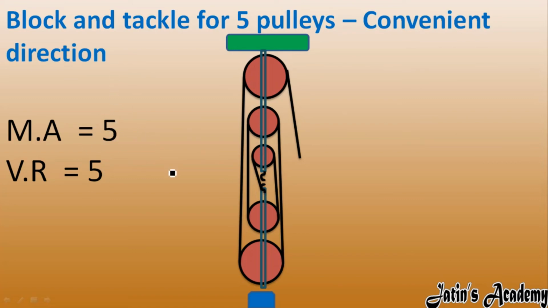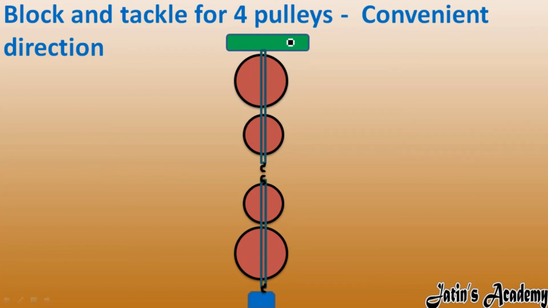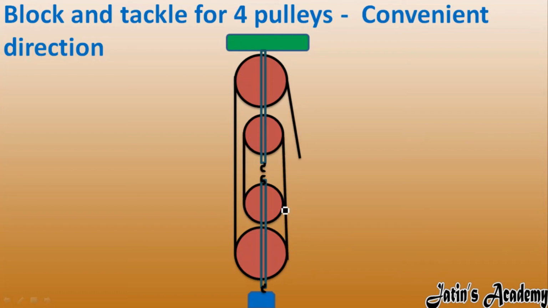Now we have to see the block and tackle system for 4 pulleys. For convenient direction, carefully see the string. Convenient direction means we have to start from here. The string is moving from one pulley to another pulley. Like this you have to draw. Now in case of the convenient direction for 4 pulleys, the string is attached to the upper block or upper hook.